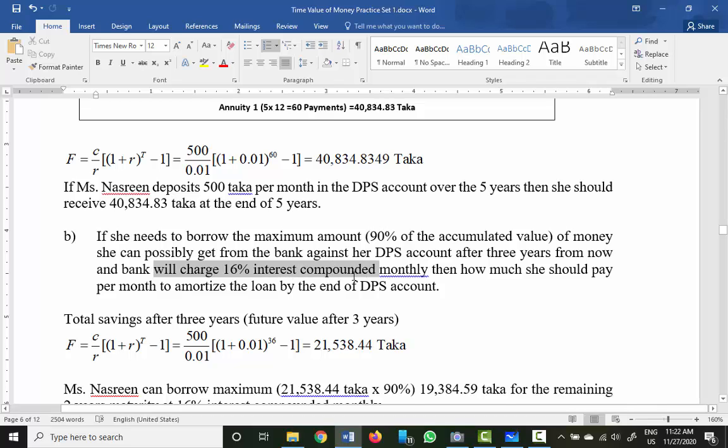The bank will charge 16% interest compounded monthly, right? Then the question is asking how much she should pay per month to amortize the loan. Amortize means pay off the loan. So the question is asking how much Miss Nasreen should pay per month to pay off the loan amount by the end of the DPS account.